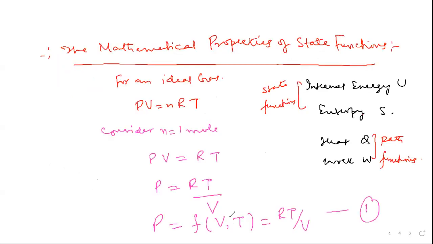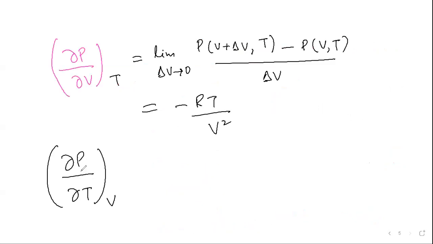So it's a multi-variable function, and in the case of multi-variable functions, we talk of partial derivatives in order to see the change in that particular quantity, here pressure. So now I differentiate pressure with respect to temperature, keeping volume constant.